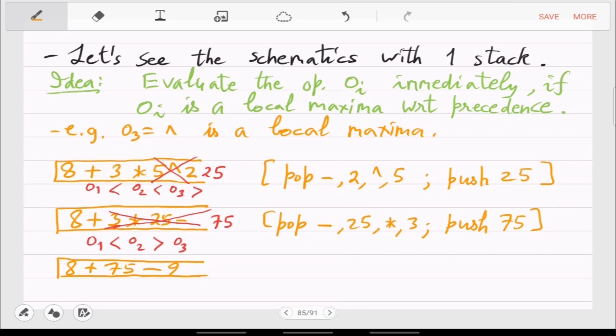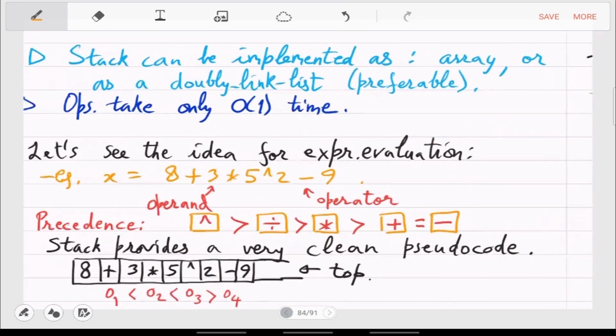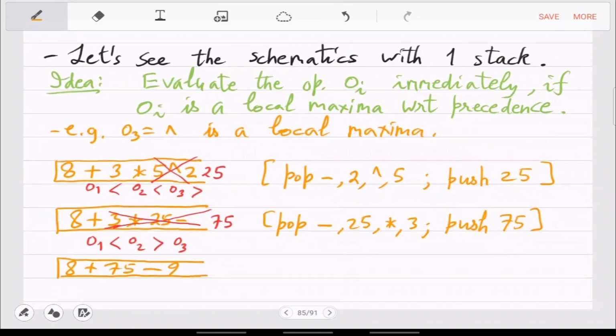Where? In the first, after what? After POP 5. Well, so 5 wedge 2 minus. Yeah, 9 is not important, just the operator is important, right?